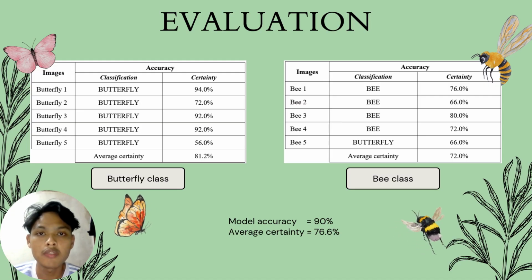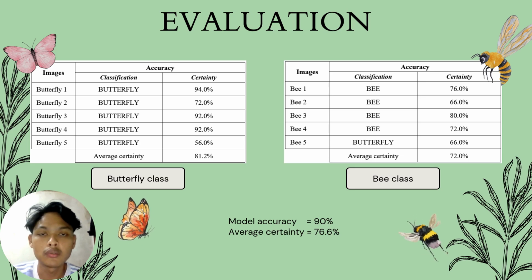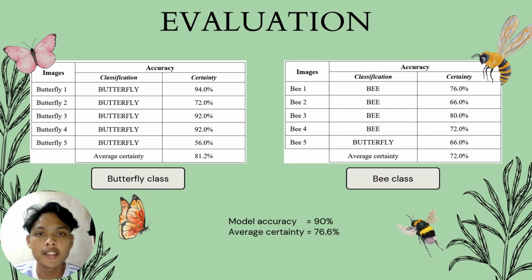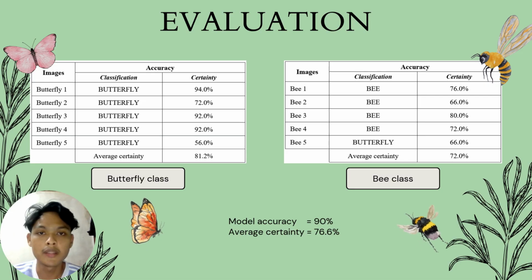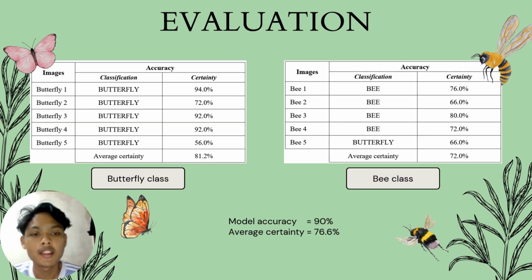This means that our decision trees were divided into two opinions. One side guessed it as a butterfly, while the other side guessed it as a bee. But the majority of the trees decided it as a butterfly.